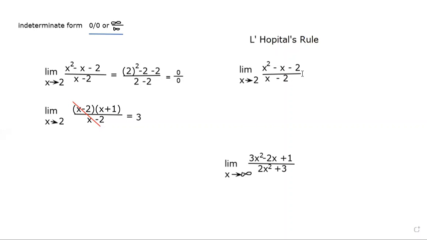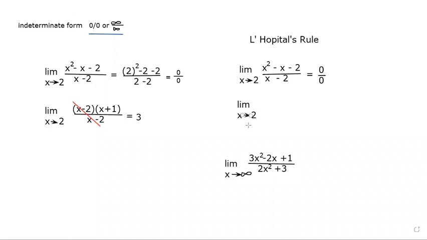If we plug this in, we will get 0 over 0. Remember, this is the exact same problem that we looked at before. But in this case, what we want to do is find the derivative until this problem works itself out, all right?